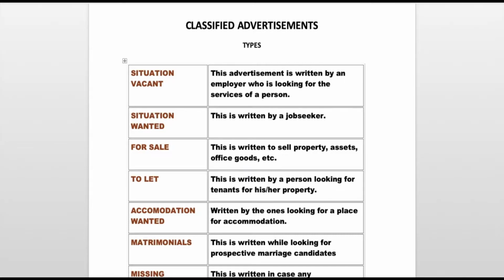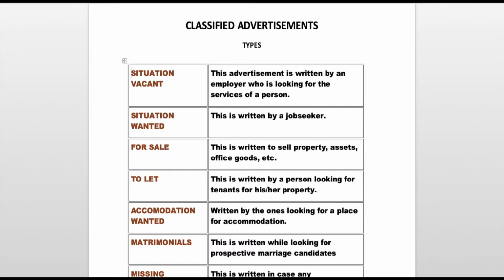So, an advertisement is basically a notice that is issued in public, informing them about a job vacancy, or an accommodation that is on rent, or someone who wants accommodation, and someone who is seeking a job, or someone who is willing to employ some services.